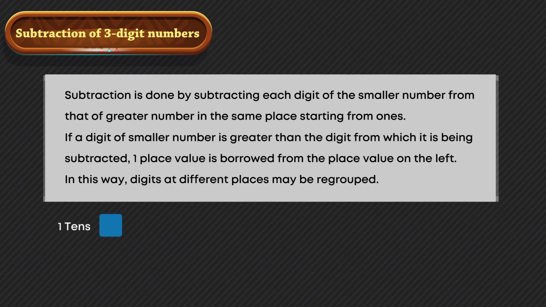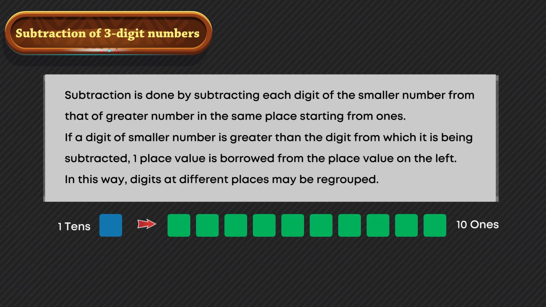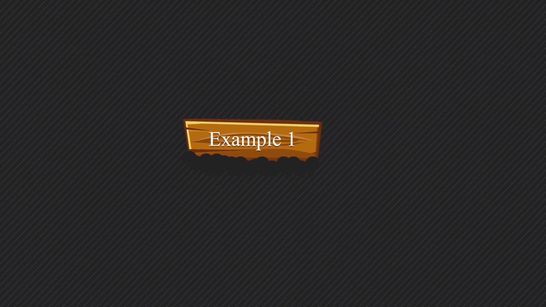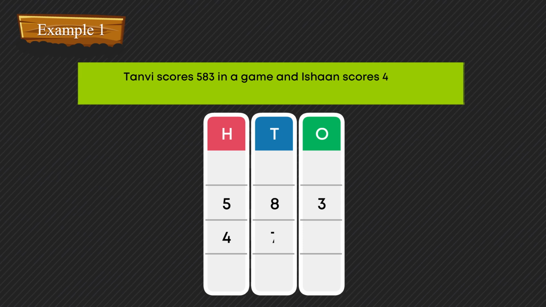1 ten is regrouped as 10 ones. 1 hundred is regrouped as 10 tens. Example 1. Tanvi scores 583 in a game and Ishan scores 471 in it.